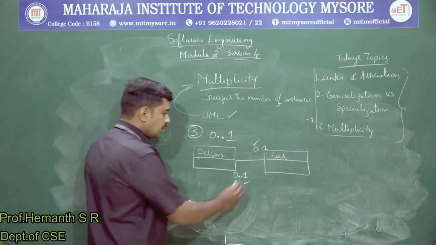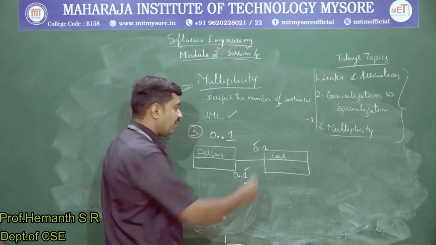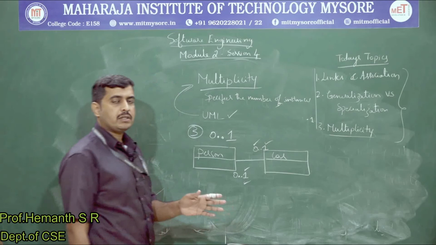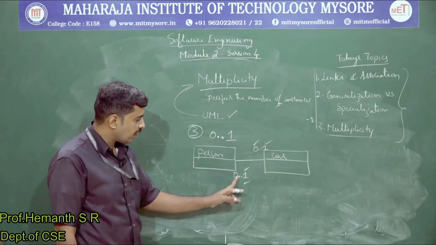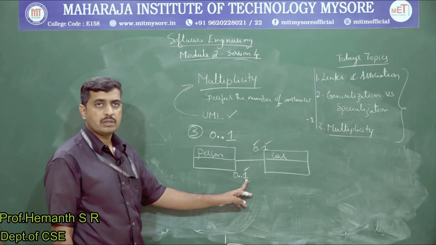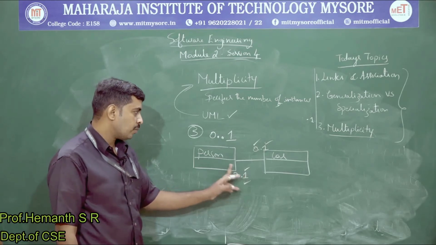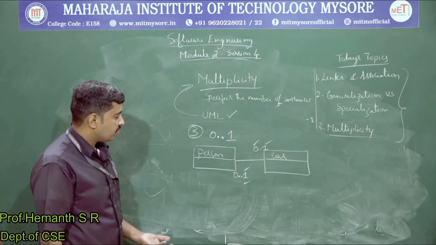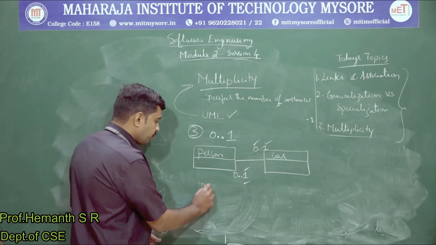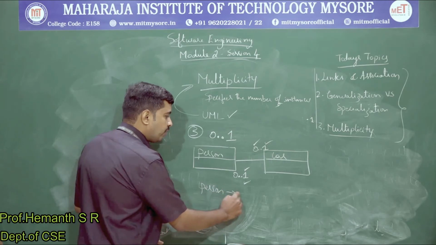So can a person have a car, have 1 car? Yes, definitely. That is also accepted in this design because with person you have 0 or 1. So one single person having 1 single car is accepted. Now what if a person is willing to have 2 cars?